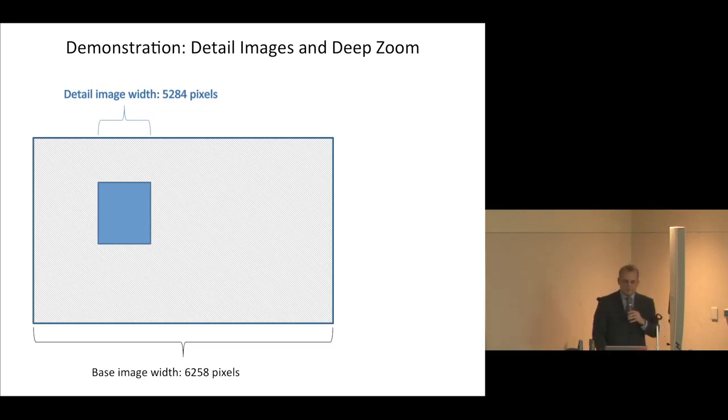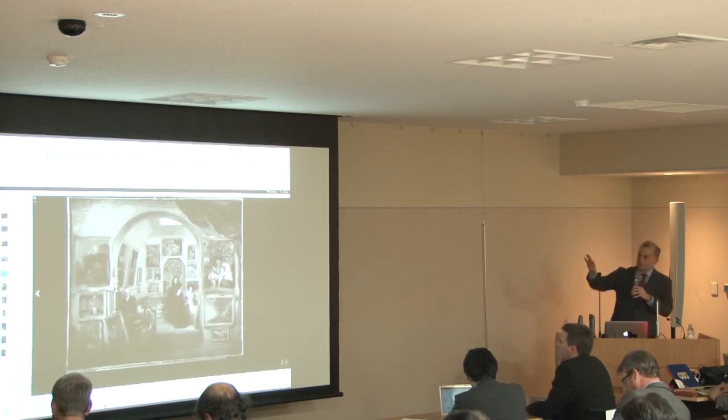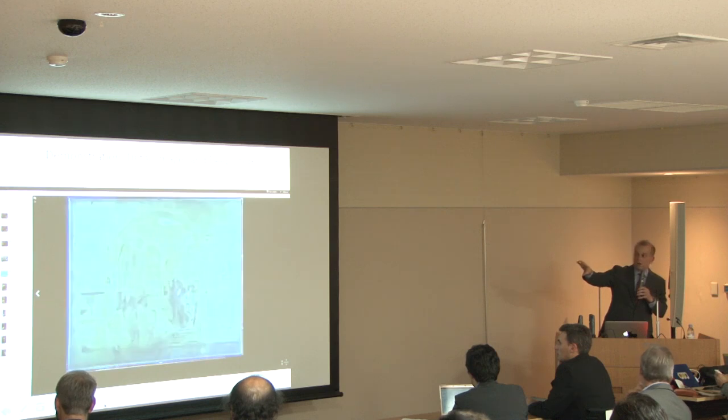And now a final example is just to show you the power of the deep zoom. We have a canvas. The underlying image is about 6,000 pixels across. But we can annotate a very high-resolution image into a very small area on the painting or on the canvas. So we can annotate a 5,000 pixel image into a very small area. And viewers like Mirador will allow you to zoom in completely on those detail images. So again, here's another painting. We have many detail images as well as some UV and IR.